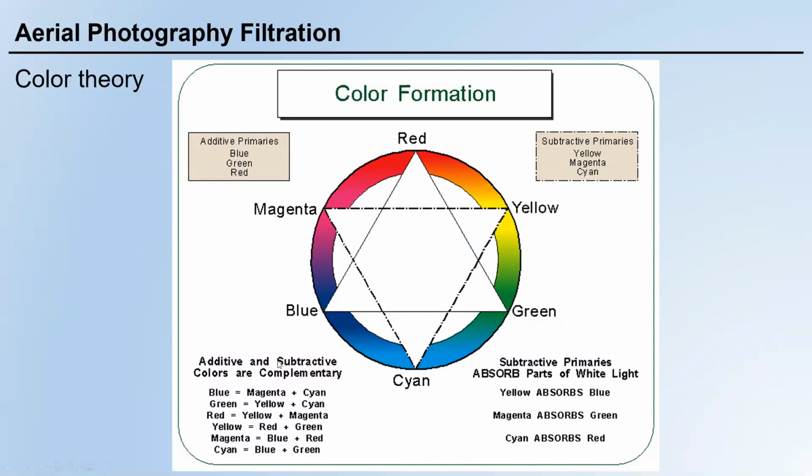Additive and subtractive colors are complementary. So magenta is the complementary color of green, right? Cyan is the complementary color of red. Yellow is the complementary color of blue. So this is a very clear illustration of additive color theory and subtractive color theory.